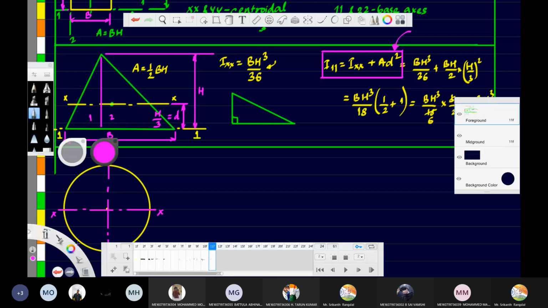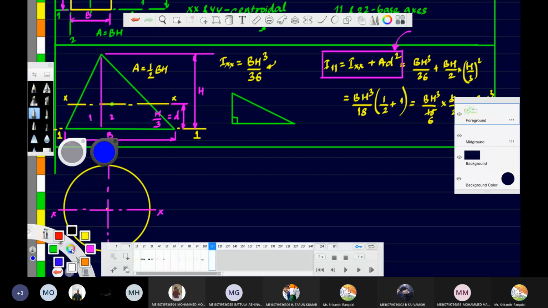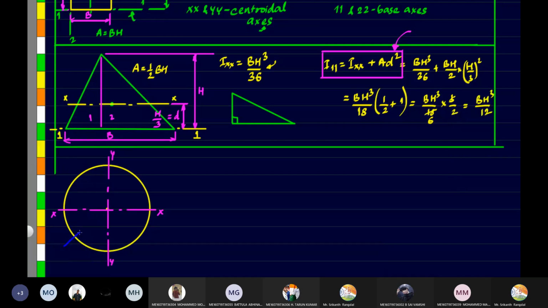Which axis? Z axis. Fine. So these are the three axes we have. So we should know the formula for all three.